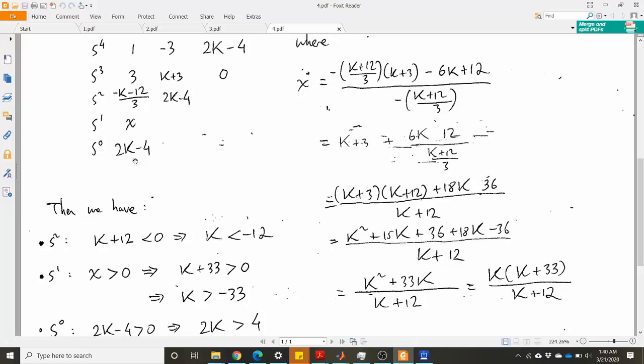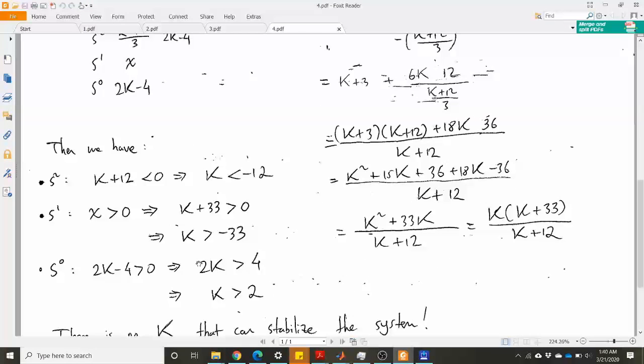The last condition requires us to have 2k minus 4 greater than 0, which is equal to k greater than 2. So we can see that from the first condition we need k to be less than negative 12, but on the third condition we need k to be greater than 2.